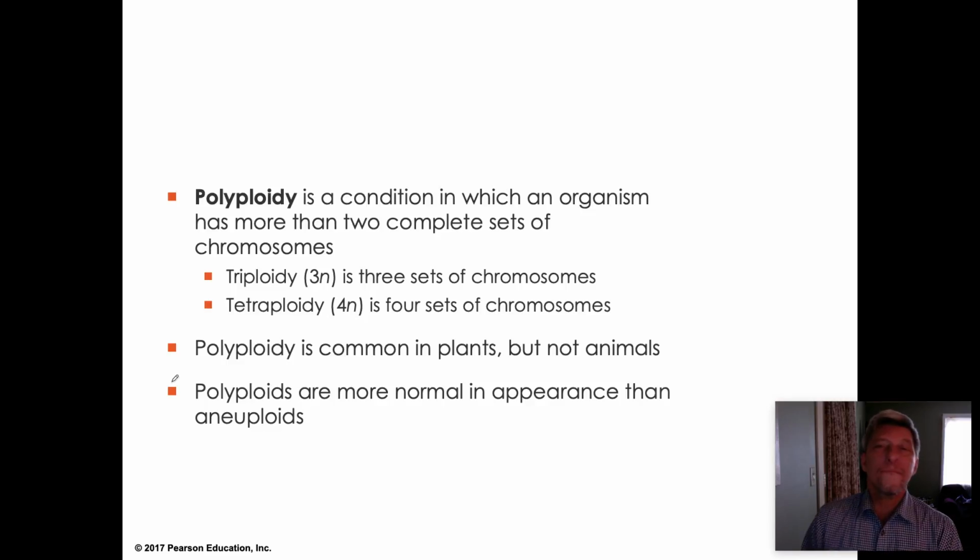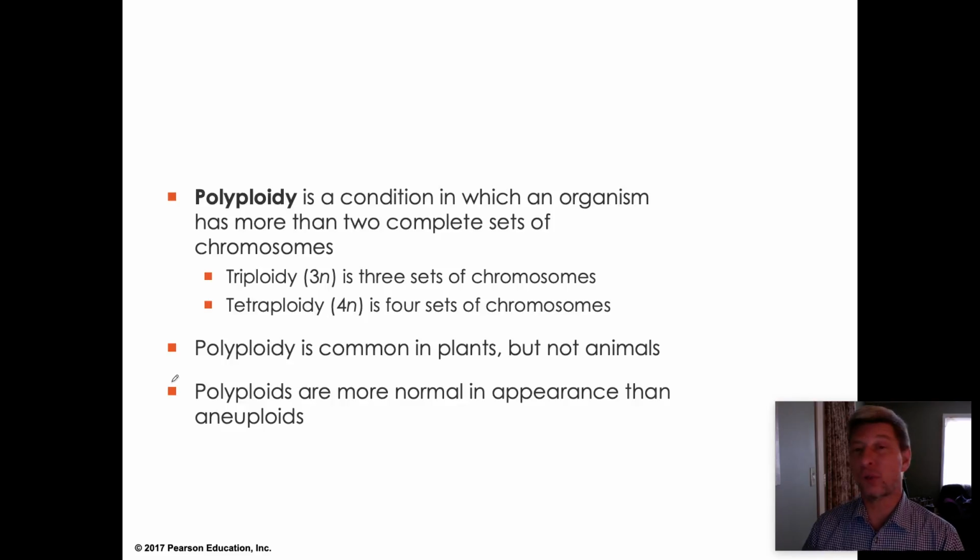Now, you can also have a condition where the entire set of chromosomes is non-disjoined. And so we call this polyploidy. Polyploidy is a condition in which an organism has more than 2 complete sets of chromosomes. If you've got 3 sets, it's called triploidy.